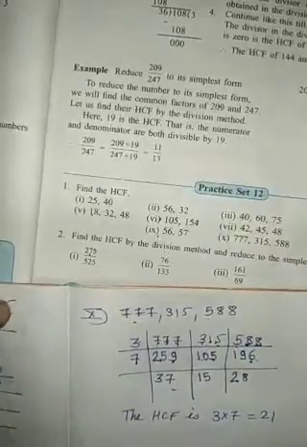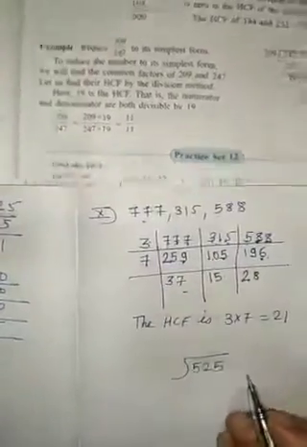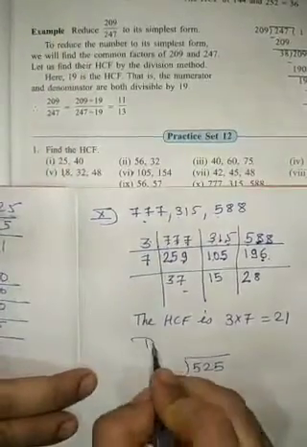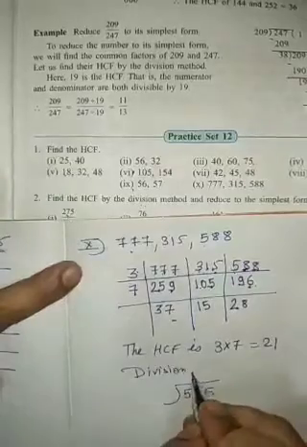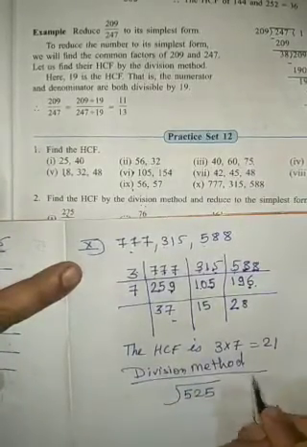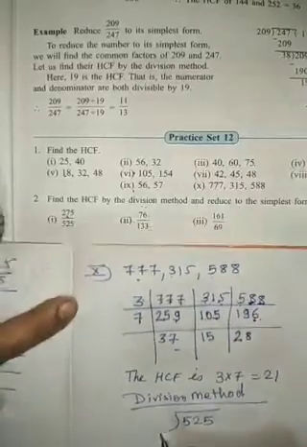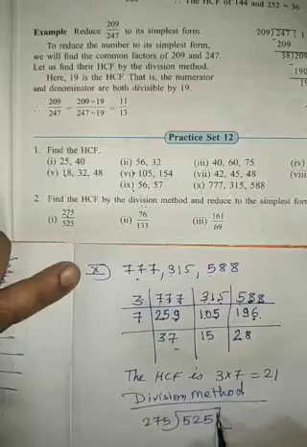Okay, then we will divide 525 by 275. So let's start here.